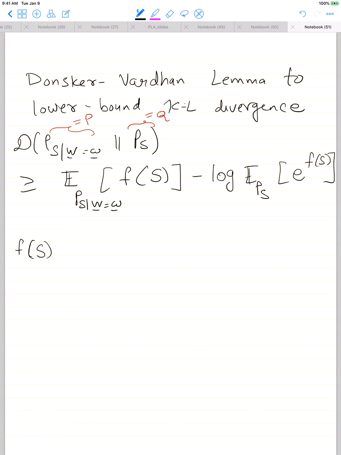When you take the expectation with respect to W, this will be over the joint distribution, while this will be with respect to some product distribution. It's a little bit inconvenient because of the log, so we'll have to address it, but roughly speaking, this is an expectation with respect to the marginal of S, and this is an expectation with respect to the conditional of S. So when you take the expectation with respect to W, this becomes like the training error term, and this would be like the test error term. But we have to choose f so that we don't get stuck with the log. The way that is done, at least in the first paper by Russo and Zou, was like this.